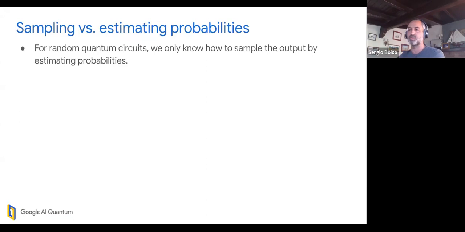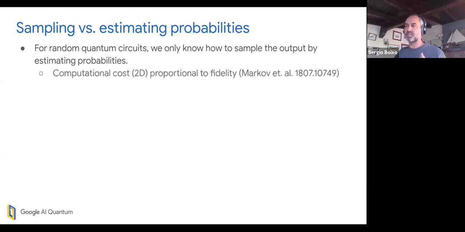So the algorithms that we're comparing against actually calculate probabilities, but that's just because those are the only algorithms we know. The cost for the computational task in a classical simulation turns out to be proportional to the fidelity, so we do take that into account when comparing computational cost to classical algorithms.